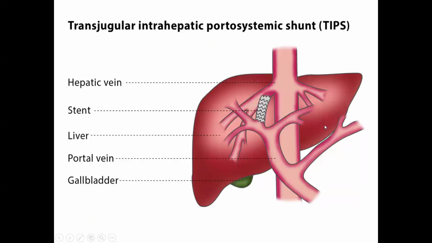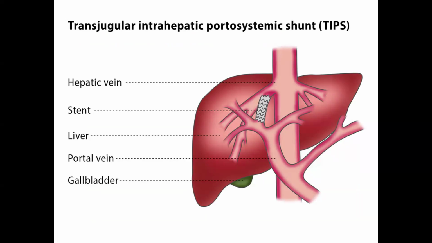This is vitamin K. The TIPS procedure is actually used for esophageal varices that are not amenable to endoscopic ligation.